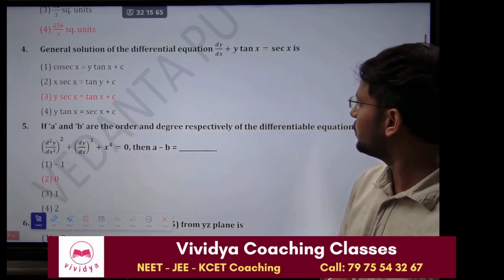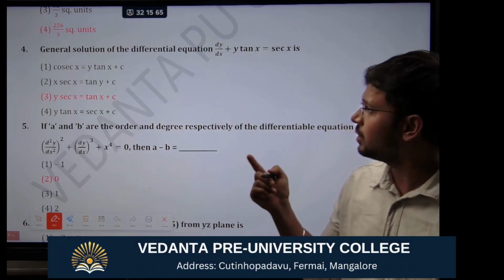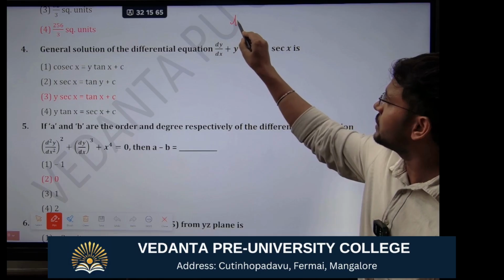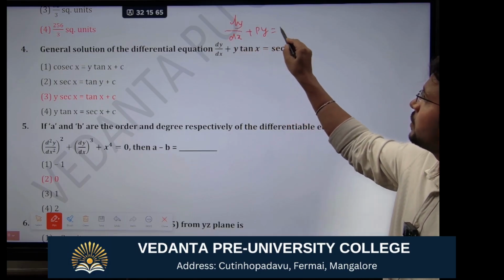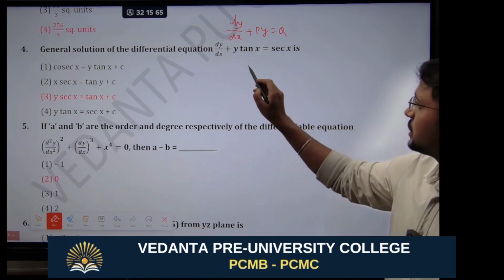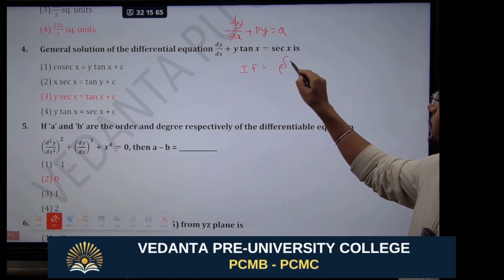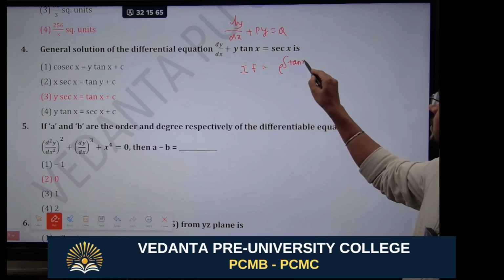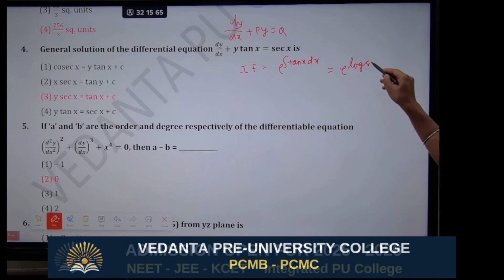This is question number 4. As you can see, this is a linear differential equation given, in the form of dy by dx plus Py is equal to Q. For such questions, we know we have to find integrating factor, which is e to the power integral P dx. P is given tan x, and integration of tan x is log sec x.